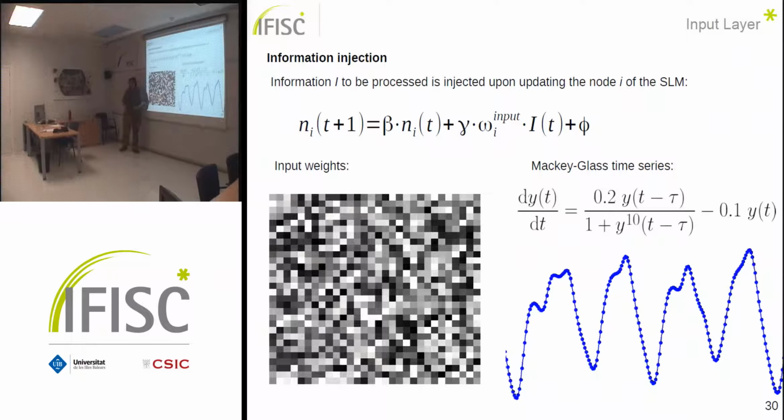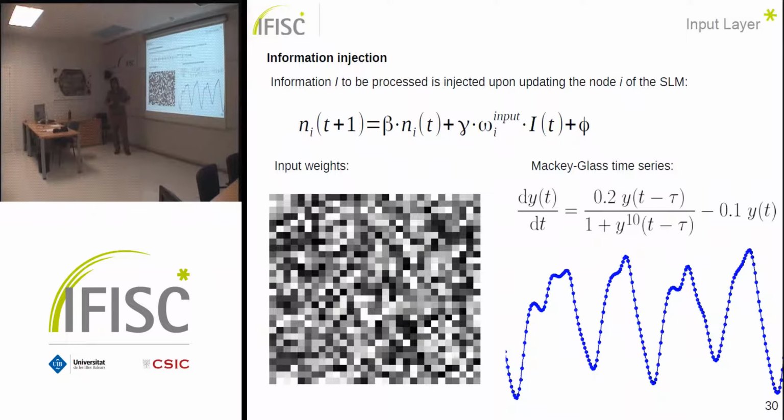We are going to use this chaotic time series to evaluate the performance of our reservoir computer. We are going to ask our computer to predict the next value of this time series. So you inject one value, and the computer must answer with what is going to be the next value.